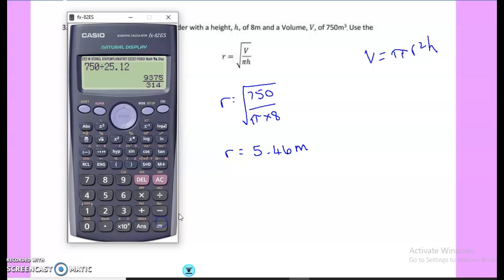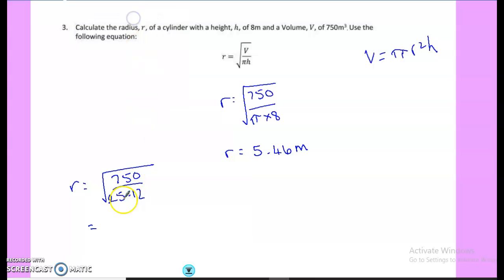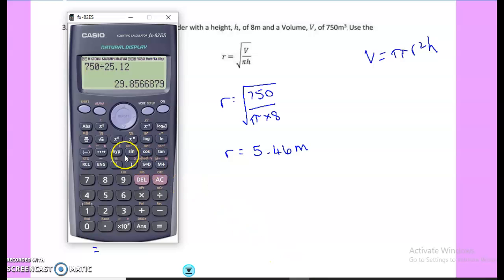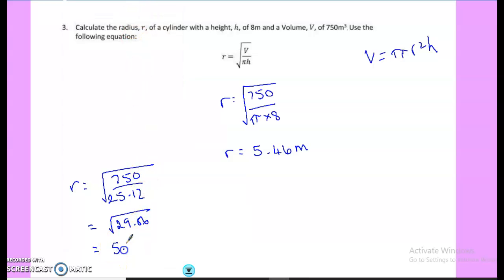Keep hitting the wrong button. That comes out as 29.86. So that will be the square root of 29.86. Then square root it. A basic calculator will have a square root button as well. And that comes out as your 5.46.